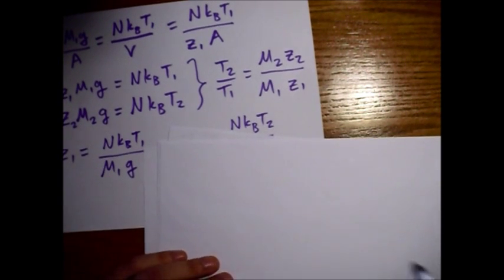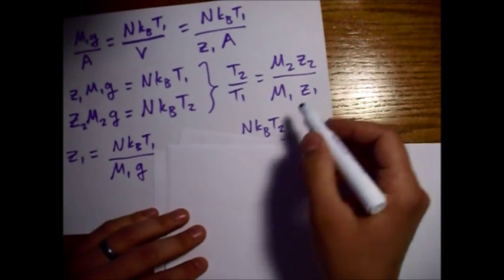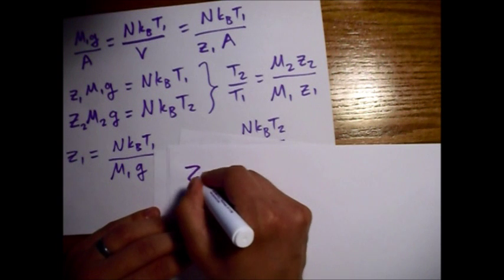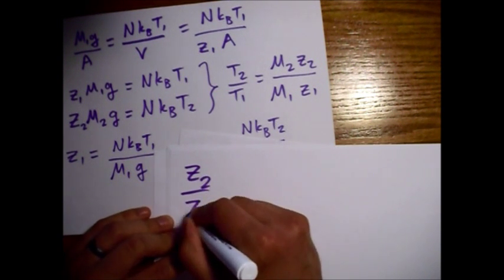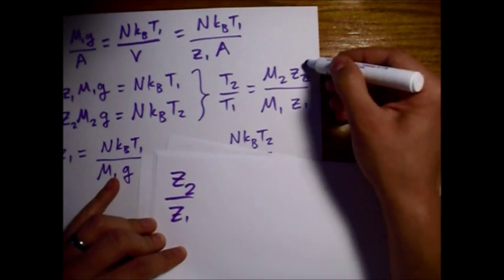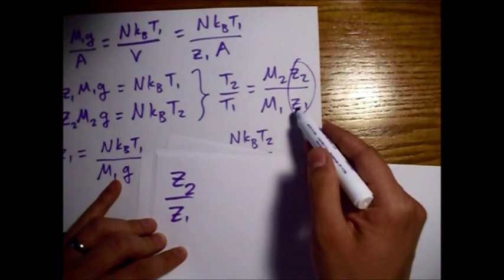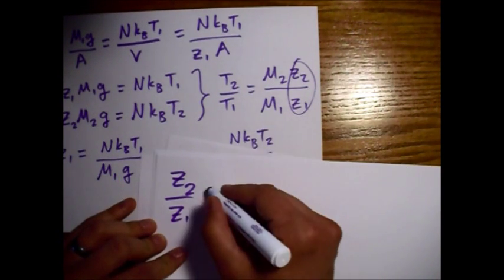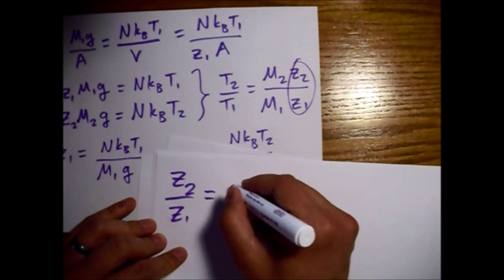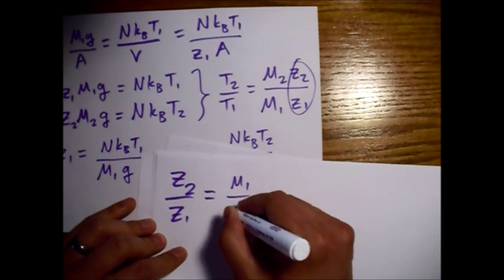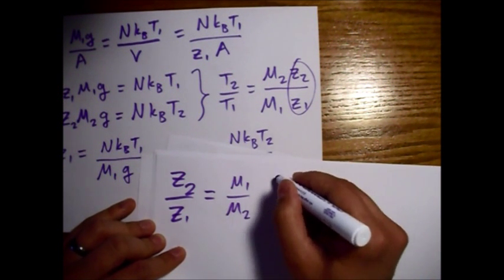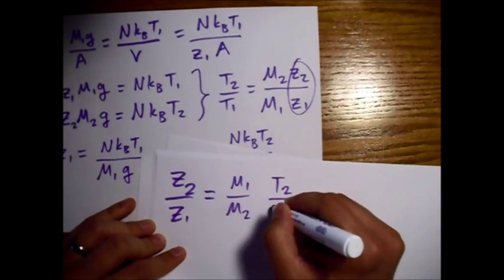Let's start a new page. If I rewrite this Z2 over Z1, I'm just going to write an M1 over M2 multiplied by T2 over T1.